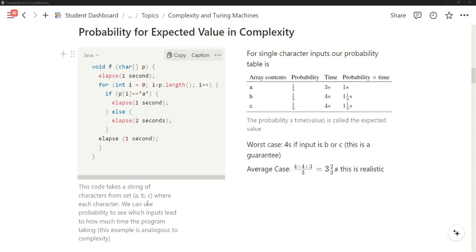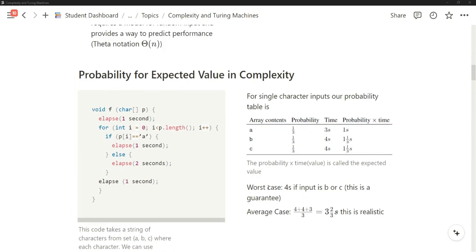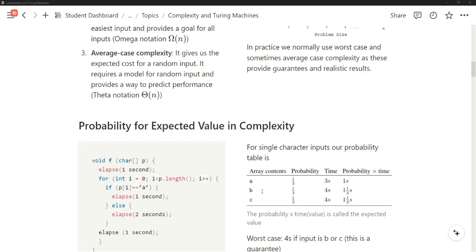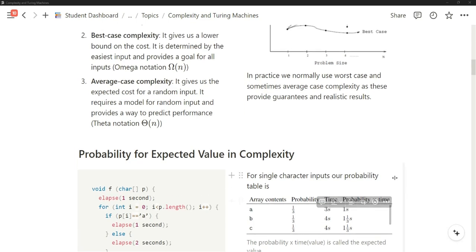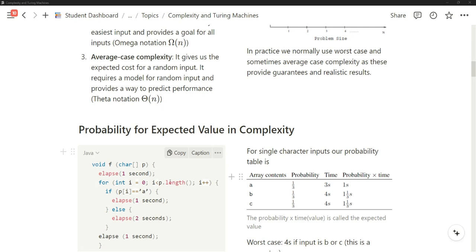So what we're asked to do is work out the worst case and average case in terms of time for this problem. Worst case is pretty easy, so let's go through worst case first.